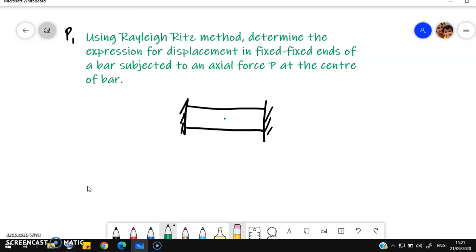So at the center of the bar we have a force P. Let the length be L. So we know this is L by 2 and L by 2.